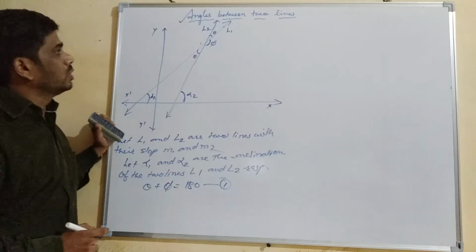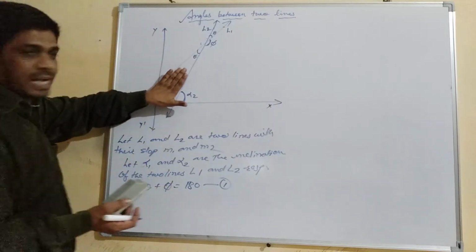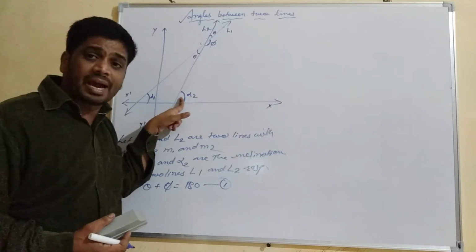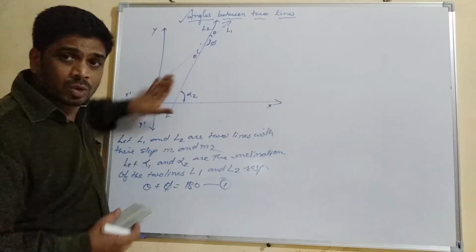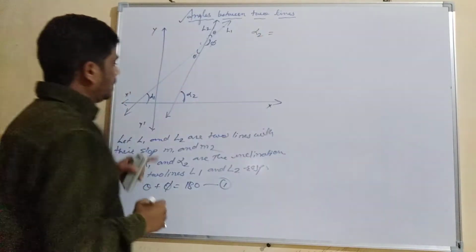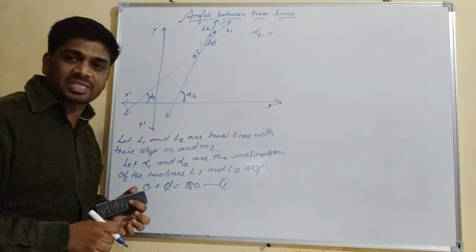Okay, now we know that this is a triangle, and alpha 2 is the exterior angle of this triangle. So alpha 2 will be equal to the sum of the two interior opposite angles. This is the exterior angle theorem.